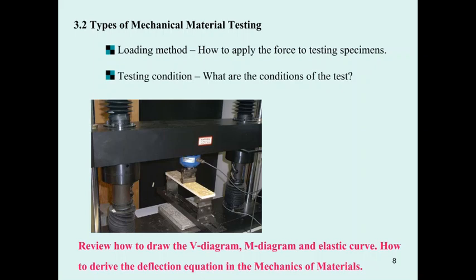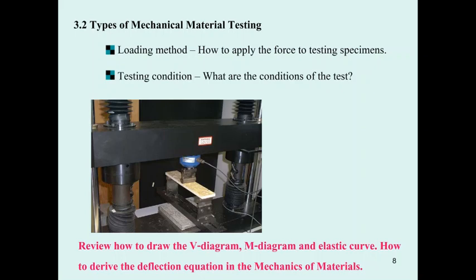So the force that is applied to this test is going to produce the flexural stress in the specimen. This is the way we test the beam, right? However, if we have the steel specimen and we put it in tension, the stress in the tension is going to be the normal stress in tension. And in compression, you also put the compression into the specimen, and then it produces the compressive stress.